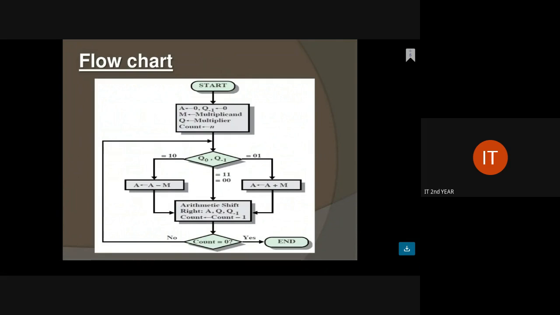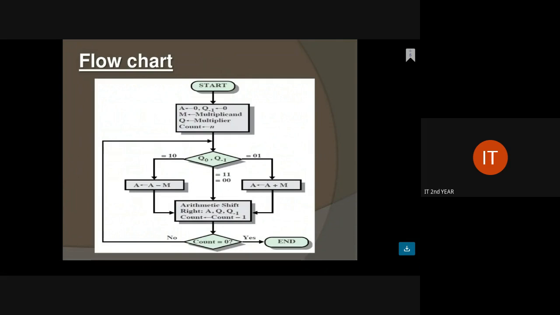This is one of the best techniques for doing multiplication for a smaller number of integer values, whether it is a signed integer or unsigned integer, that doesn't matter. We implement the following four steps as you see in this flow chart.